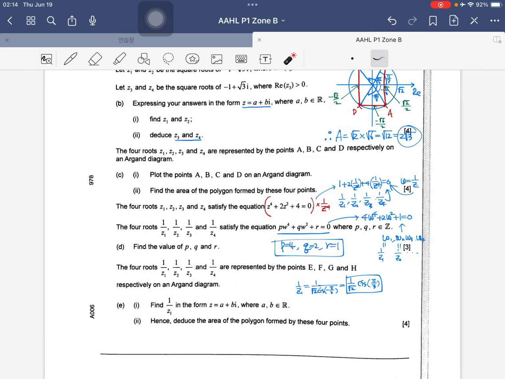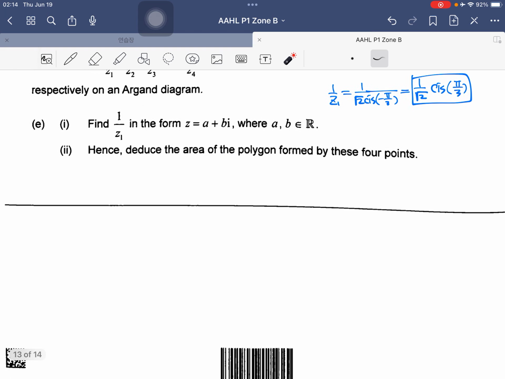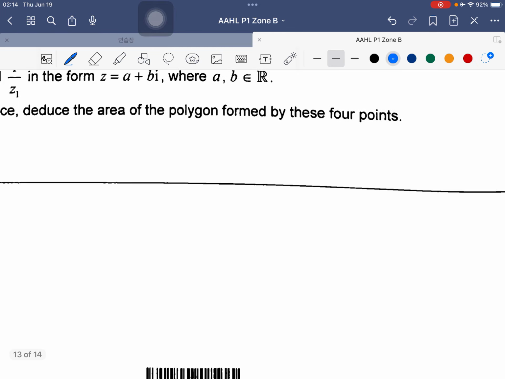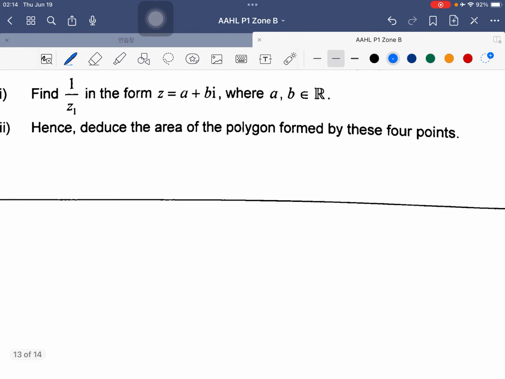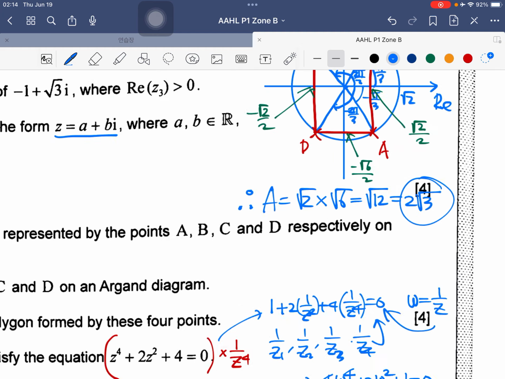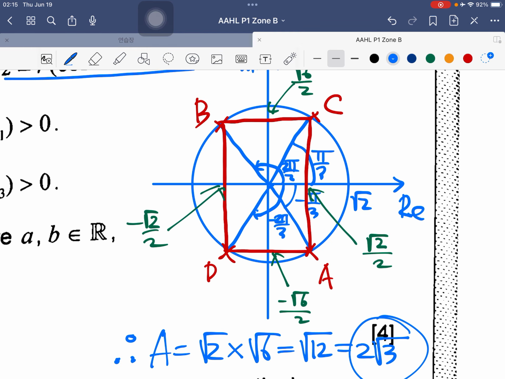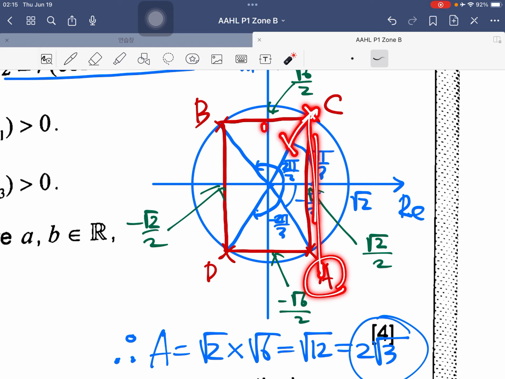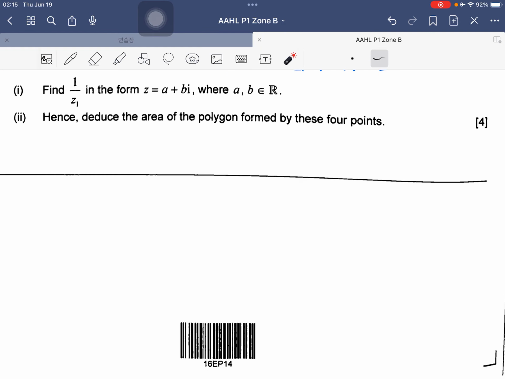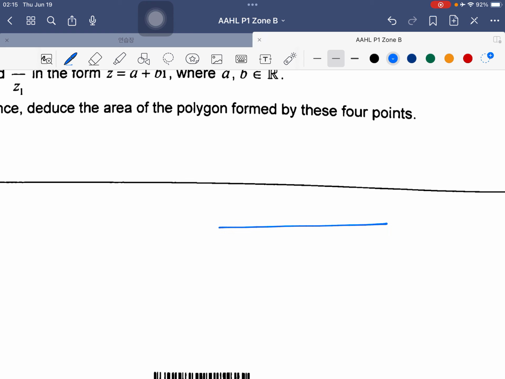Conjugate. So we can now draw the 4 points in the Argand diagram. This point A changes to a new argument. We go over here, and the modulus changes to 1 over square root of 2 from square root 2. So we can imagine there will be 4 points formed in the Argand diagram, something like this.